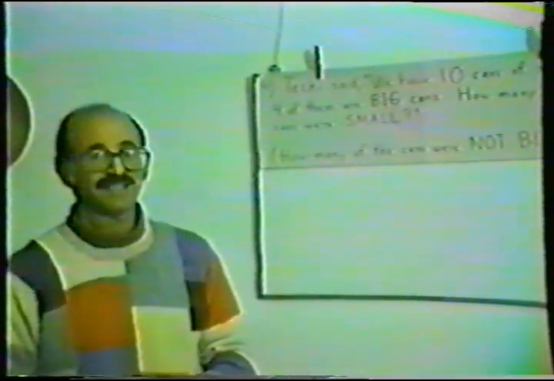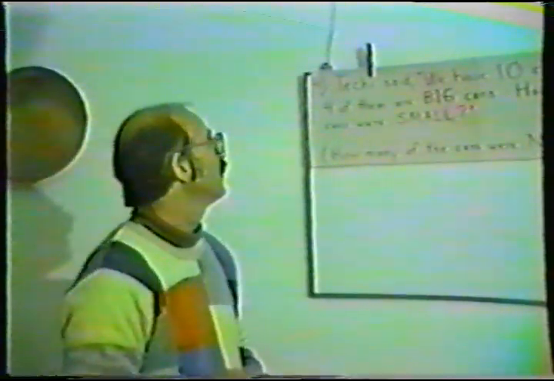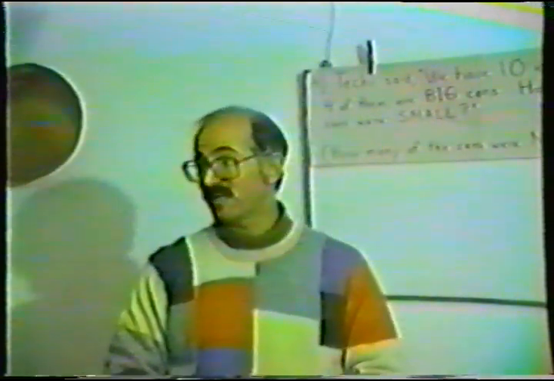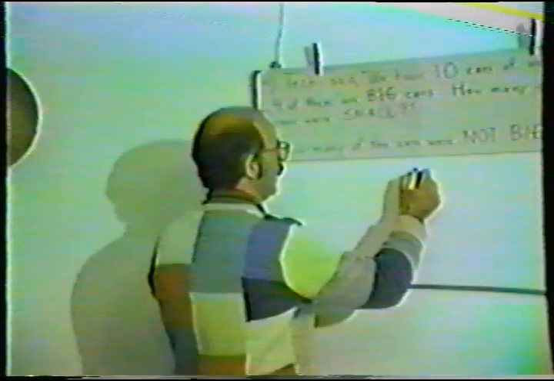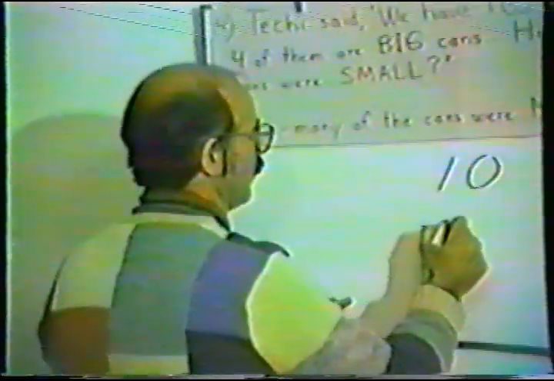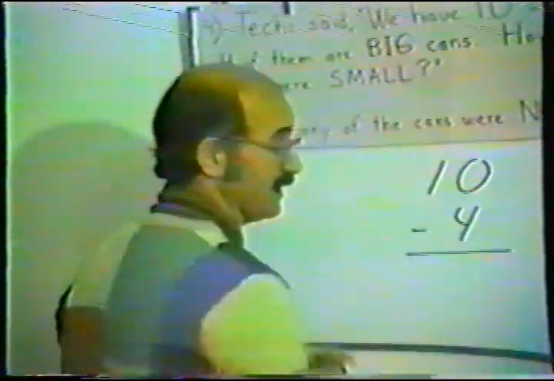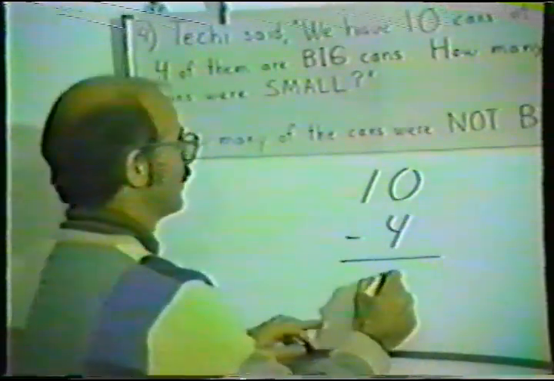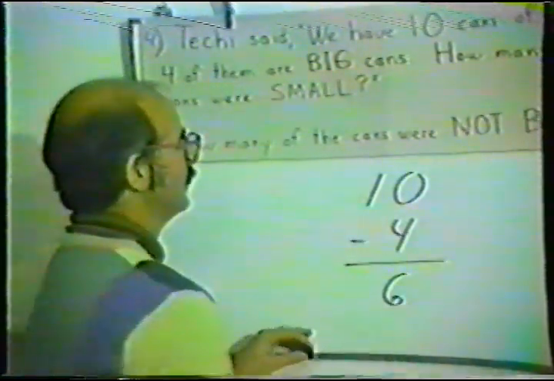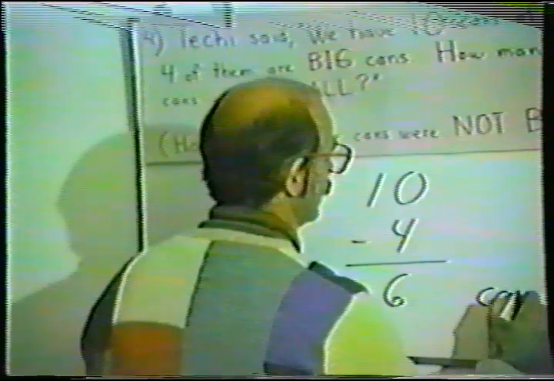We have 10. 4 of them are big cans. So what we're going to do is subtract. 10 take away 4 is 6. 6 what? Cans. 6 cans.